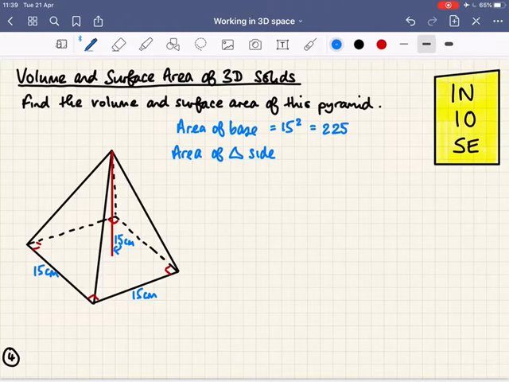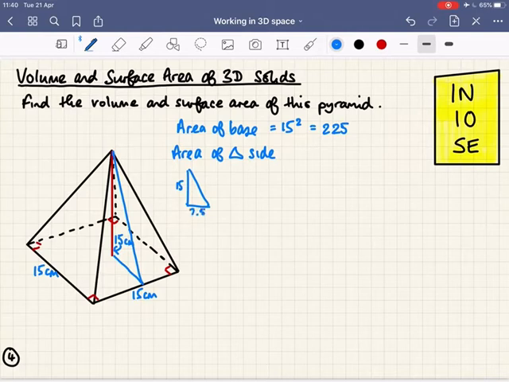But I need the height, and to find the height, if you can see, I'm just going to construct a right-angled triangle there, and you can see that that right-angled triangle has got dimensions of 15 as the height, and then half of the width of that triangle, 7.5.